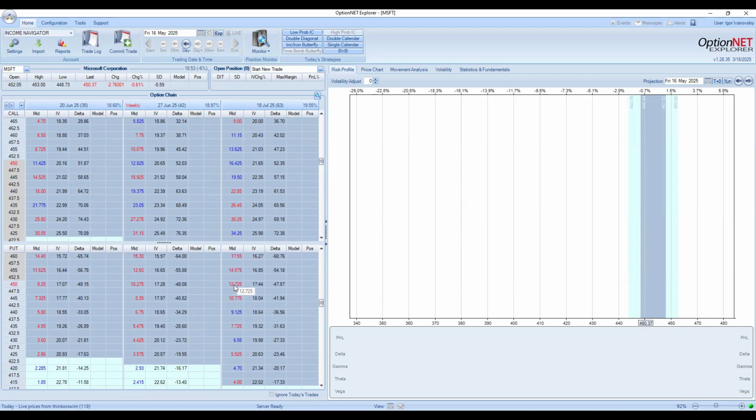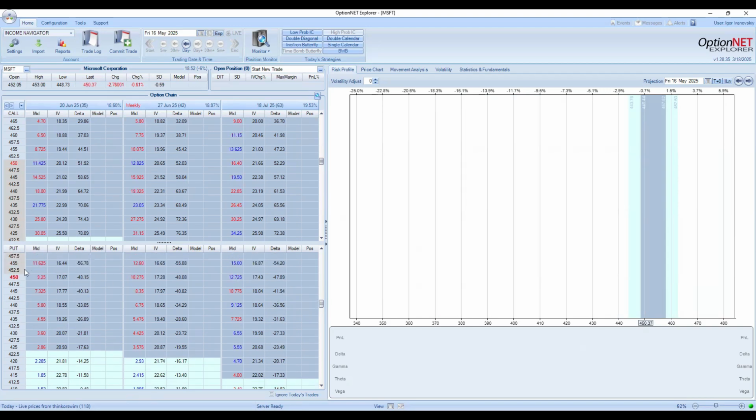We could use at the money options to give us, more or less, an estimate of what is expected right now by combining the cost of the call and the cost of the put. The calls are going for about 16, puts are going for about 12. So let's round this off to about 30 points. So the market right now is anticipating about plus minus 30. So at 450, the downside expected move is down to about 420.